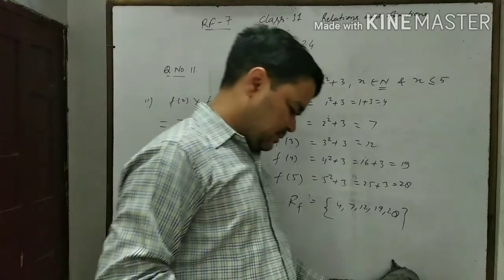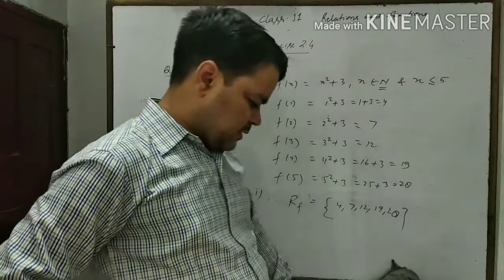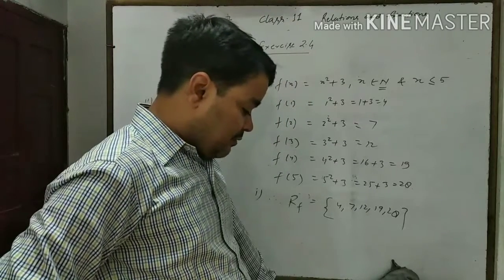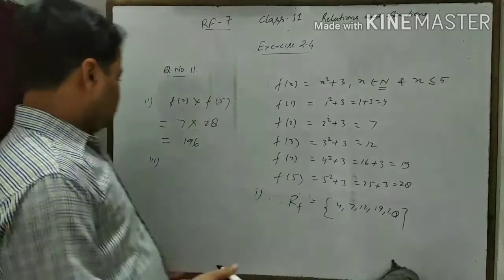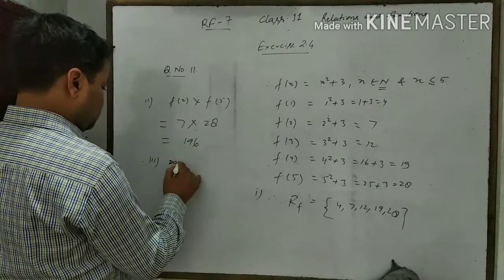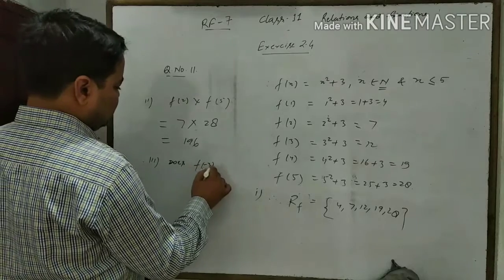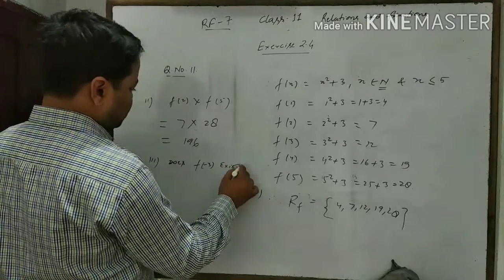Now the third one. The question is, does f of minus 3 exist?